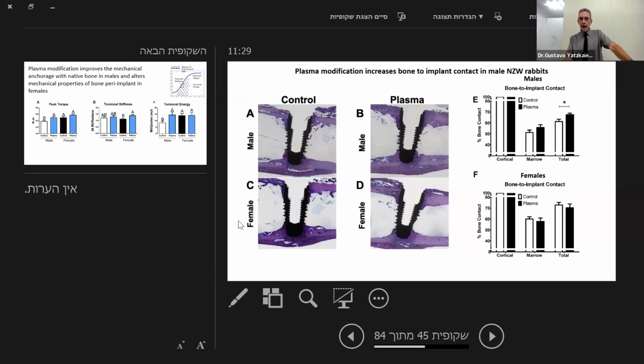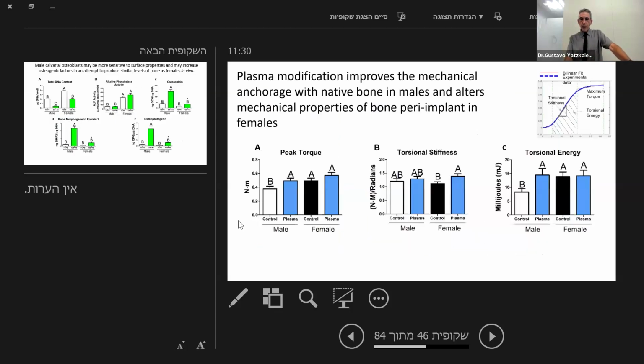Here we can see the histomorphometric preparations, and also we can see that the bone-to-implant contact was better in males than when we compare with females.